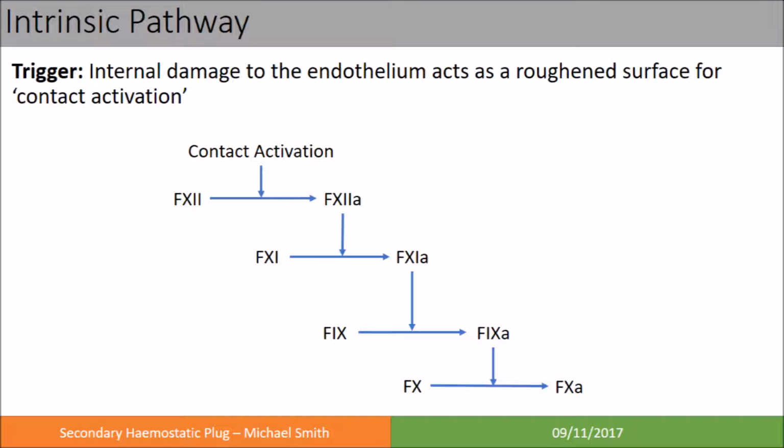So factor 12 is activated by this contact activation, and then that itself triggers the activation of factor 11. That causes the activation of factor 9, and that causes the activation of factor 10. So what you'll notice here is that it's 12, 11, 9, 10. So if you count down, for some reason 9 and 10 are in the wrong order, but other than that, it's not too difficult to remember.